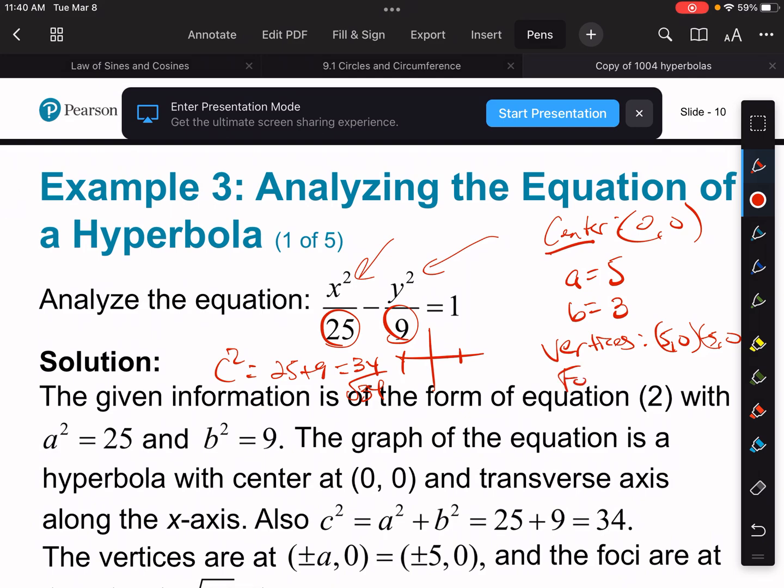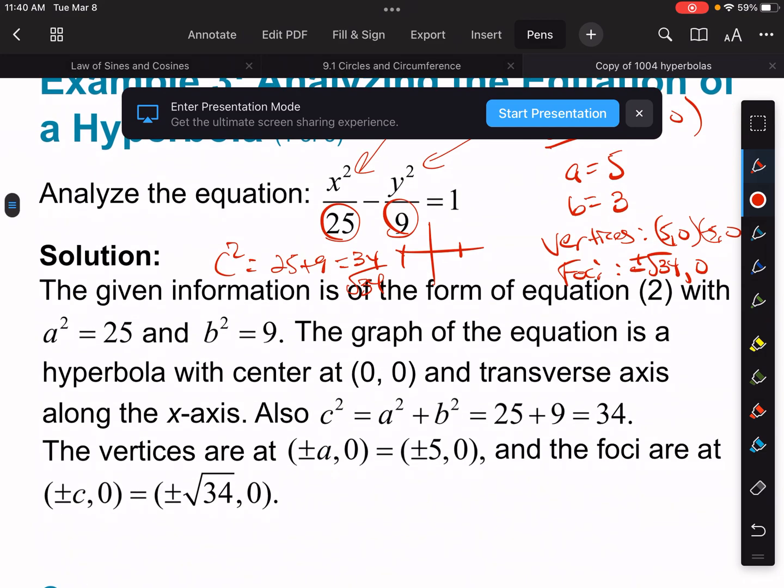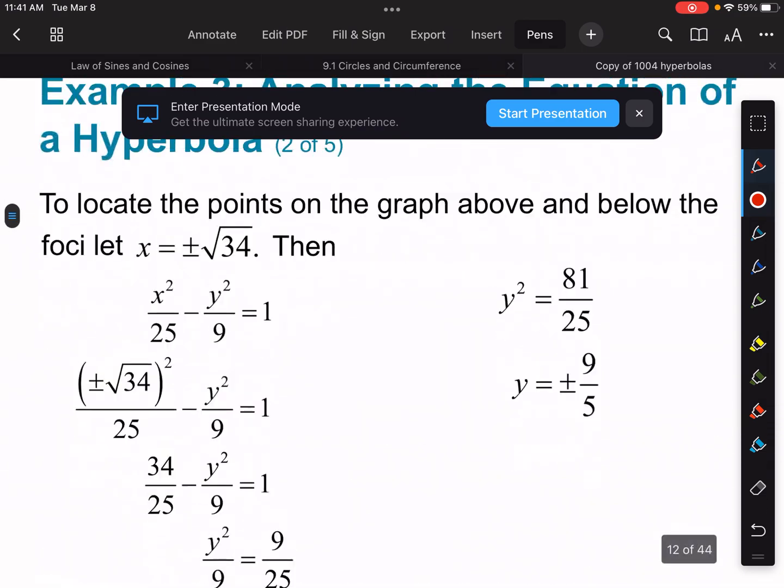Okay, so foci are going to be at plus or minus square root of 34, 0. All right, so that's how they get that, from c squared equals a squared, sorry, plus b squared.